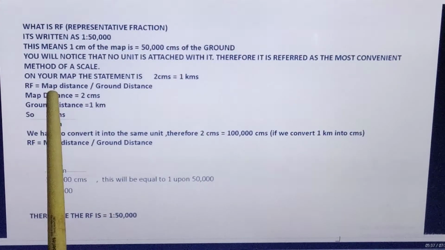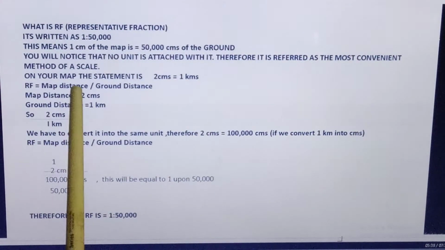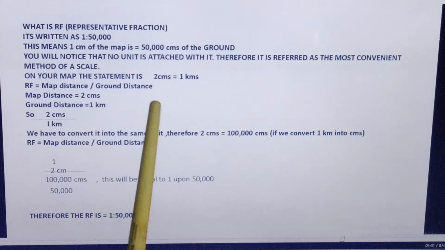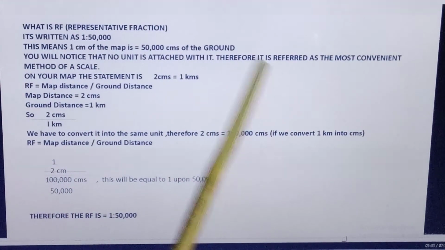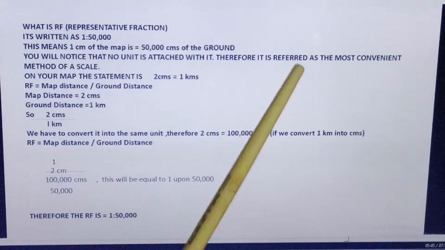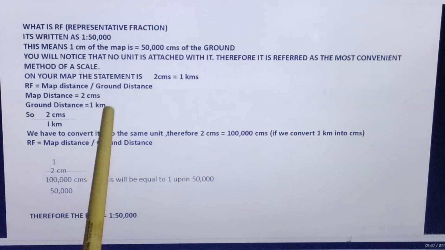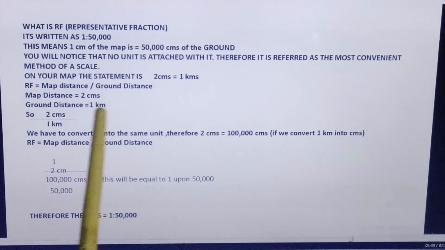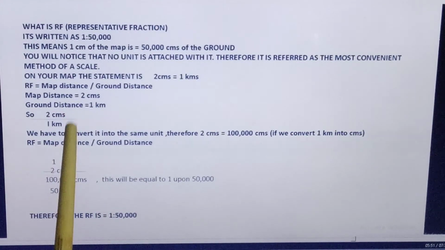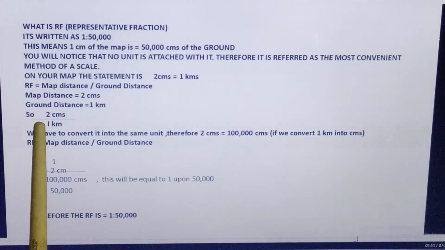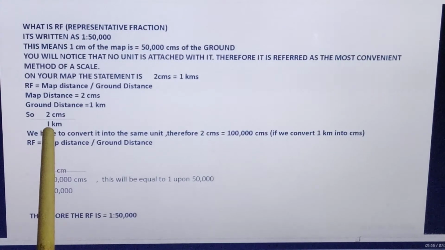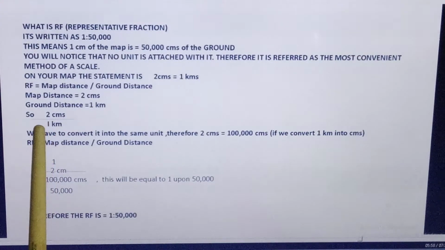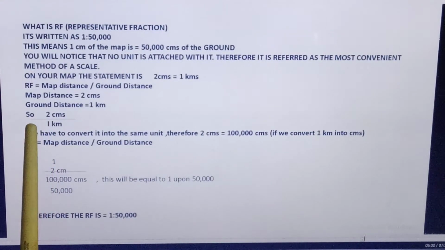RF, meaning the representative fraction, is equal to map distance upon ground distance. Map distance is 2 centimeters, ground distance is 1 kilometer. So we have to write like this formula: map distance upon ground distance. 2 centimeter map distance we have written and 1 kilometer ground distance we have written.